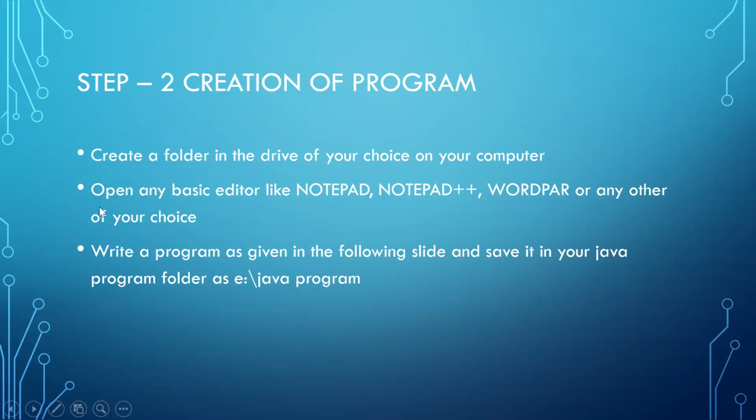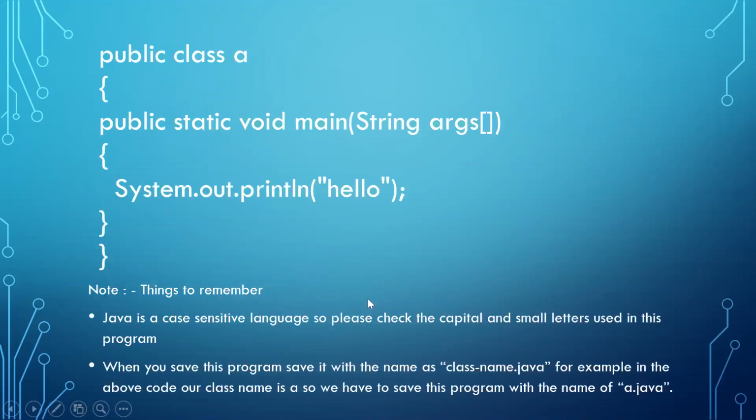And we have to create a Java program using basic editors like Notepad, Notepad++, or WordPad, or any other editor of your choice, and then write a program and save it into a path like E:\Java program. It is in my case.